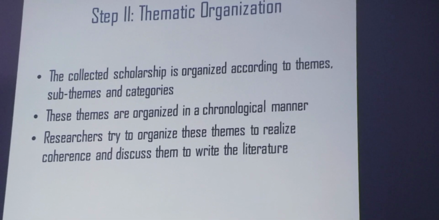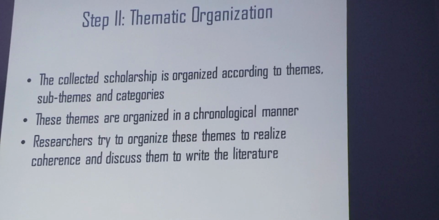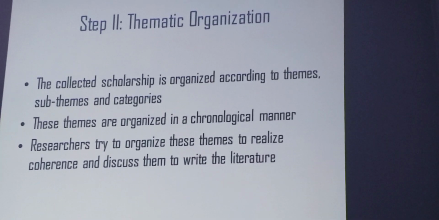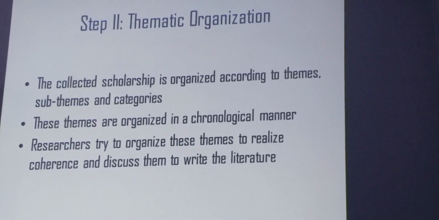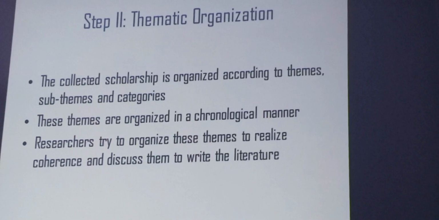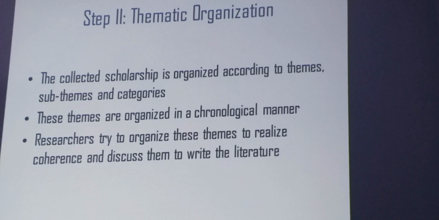Researchers try to organize these themes to realize coherence and discuss these themes to write the literature review. Of course, you are going to discuss this organization and coherence with your supervisor. Of course, your supervisor will guide you in every step.